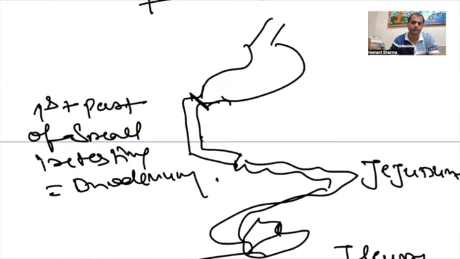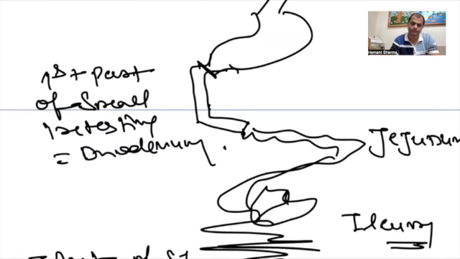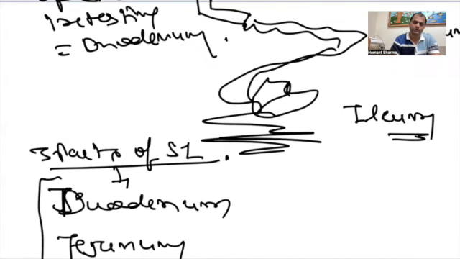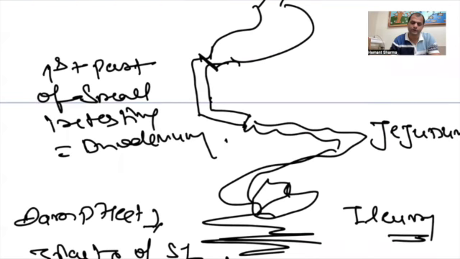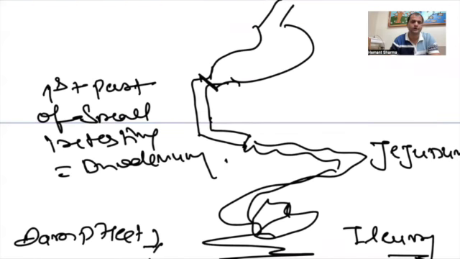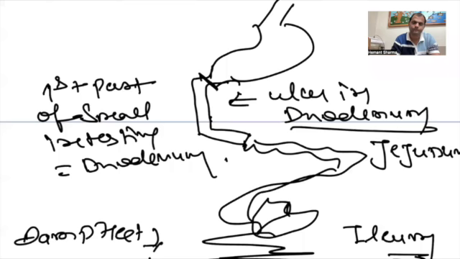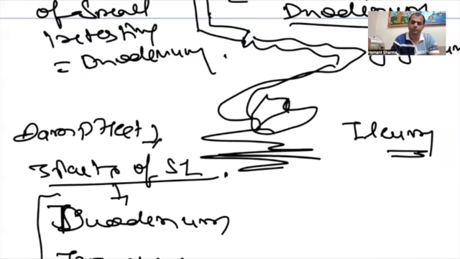If there is damp heat in the small intestine, then it will create duodenitis. It will create duodenal ulcer, an ulcer in the duodenum, or it will create some problem in the jejunum or the ileum.